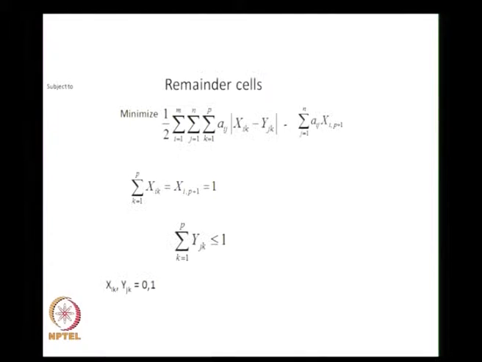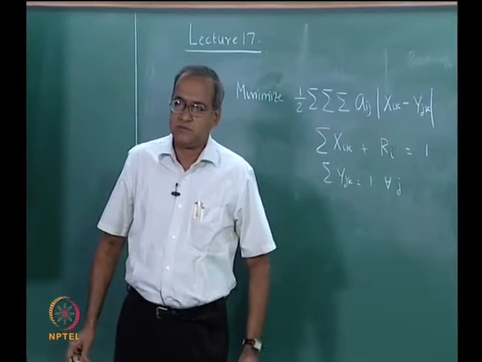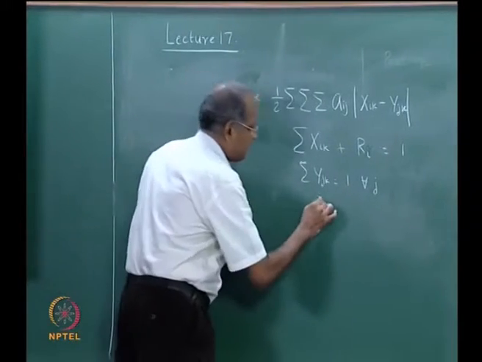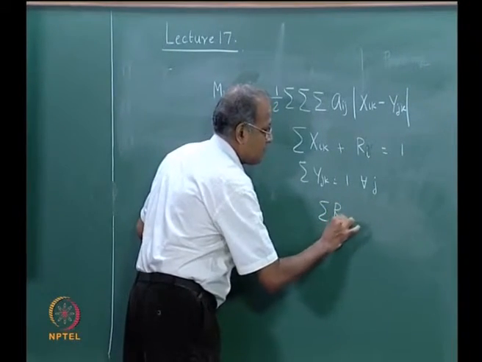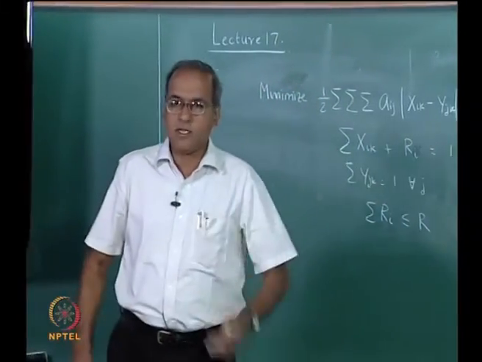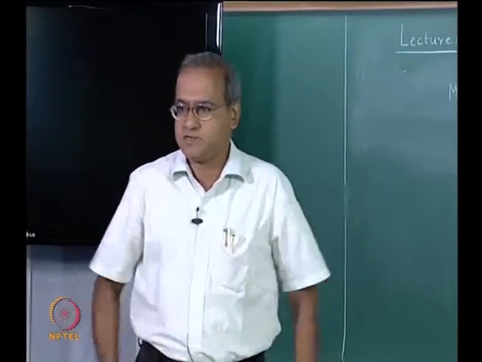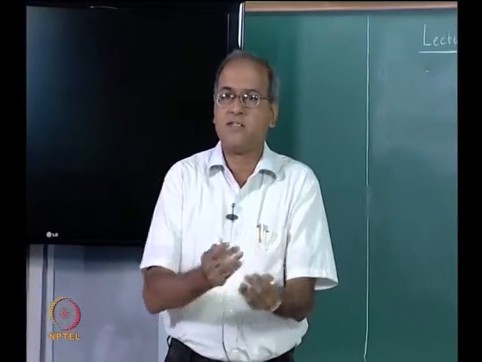That is taken care of by ensuring that there is a size restriction on the remainder cell: sigma r_i is less than or equal to some R. I do not want more than 2 machines in the remainder cell, I do not want more than 4 machines in the remainder cell. So there is a size restriction on the remainder cell.